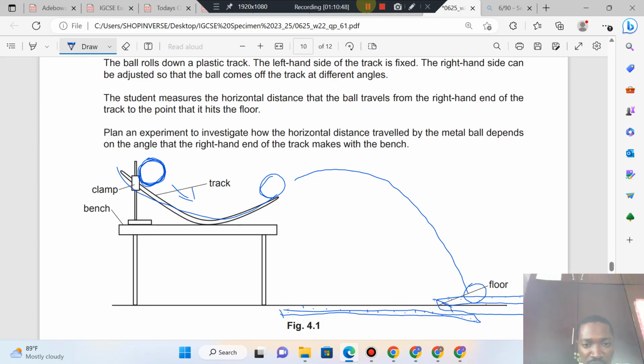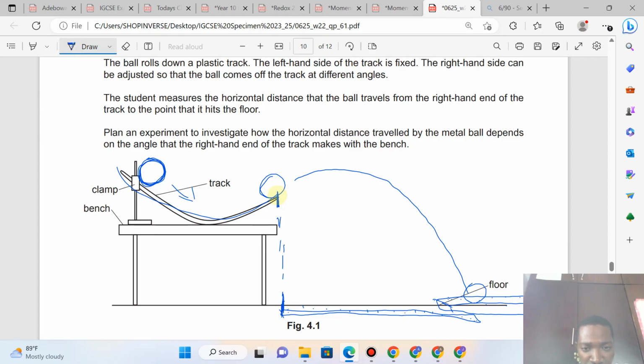Take note that you must measure the distance from this point where the ball leaves the track. So from this point here, it's better you have a meter rule. Use your meter rule here. You can mark a point here on the floor.